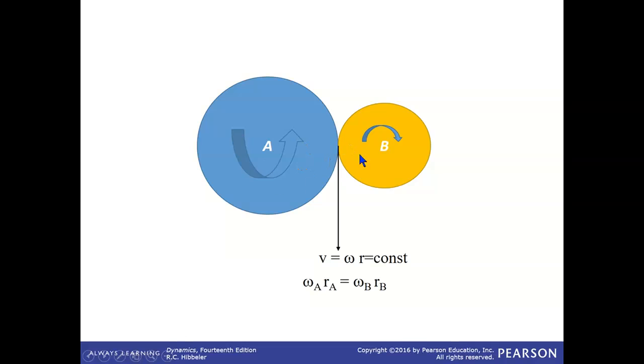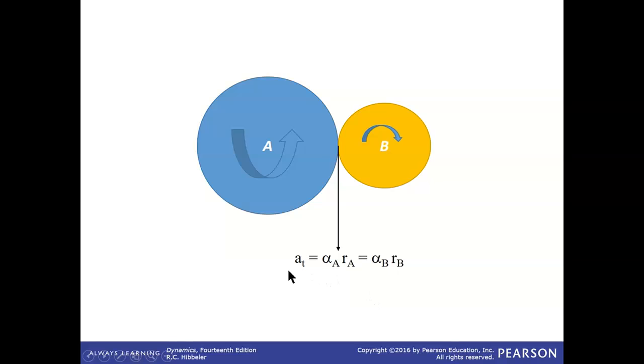And if they both have the same surface velocity, that means the product of omega and r is constant for gear A and gear B. Having said that, omega A multiplied by RA is equal to omega B multiplied by RB. That means angular velocity of gear A multiplied by the radius of gear A is equal to angular velocity of gear B multiplied by the radius of gear B. This is a very useful equation for designing gears.